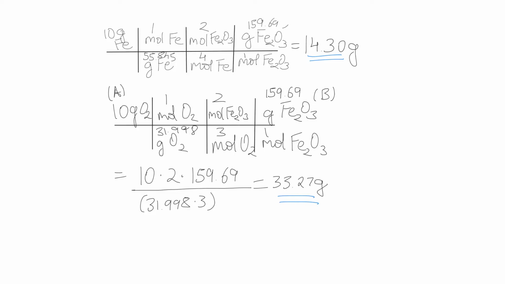In this example, we would say that Fe is our limiting reagent. And so what I'm going to do is I'm going to write that in red. Why red? Because this is going to run out first compared to oxygen.